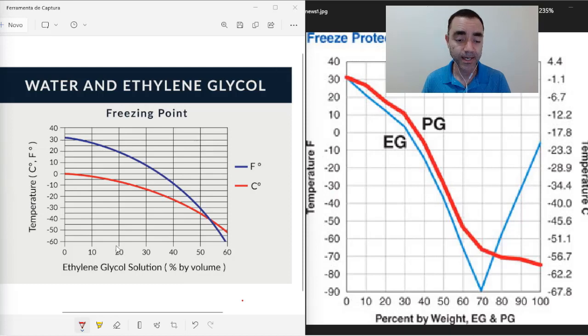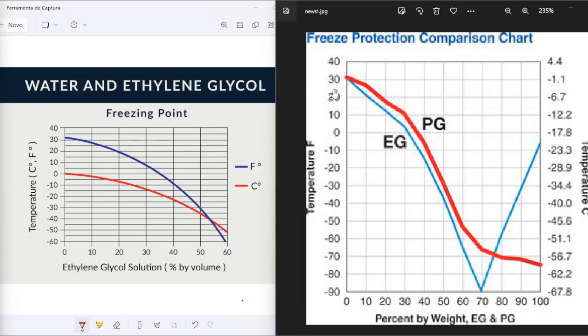So in this case, I need 20 percent of ethylene glycol. If I use the same 20 Fahrenheit as my freezing point, but now I am using the chart in weight, instead of having 20% as my absolute value, I will have here 10% in weight that will correspond to 20% in volume.